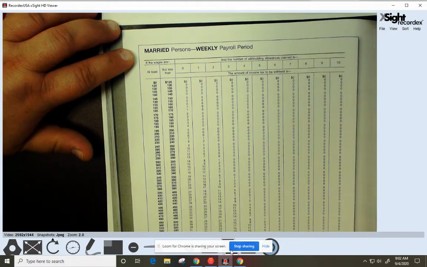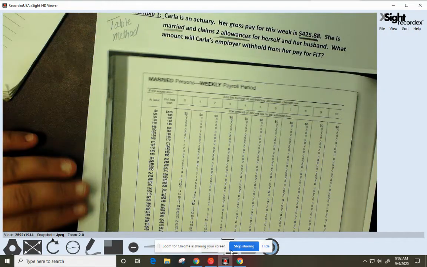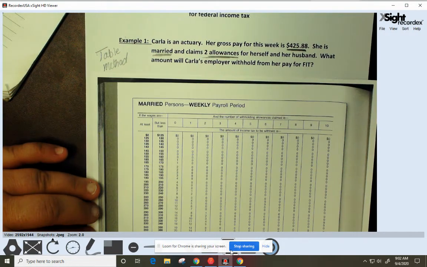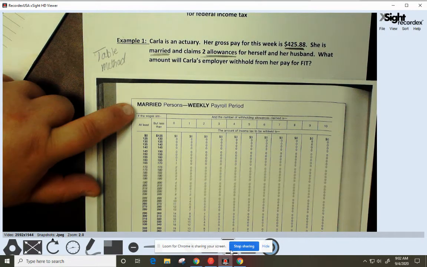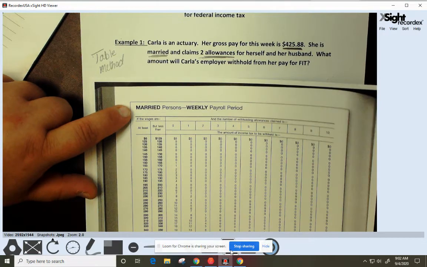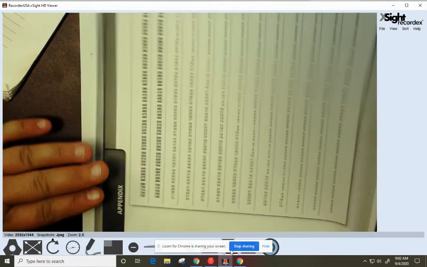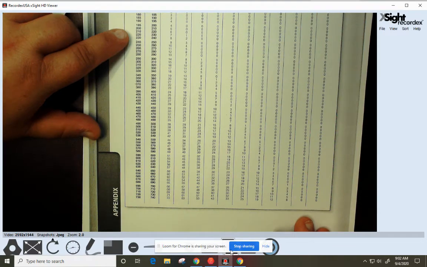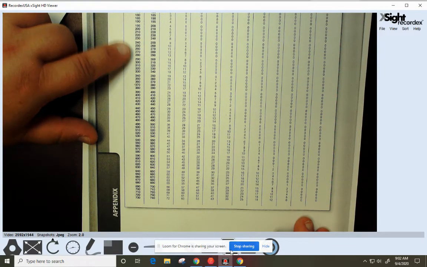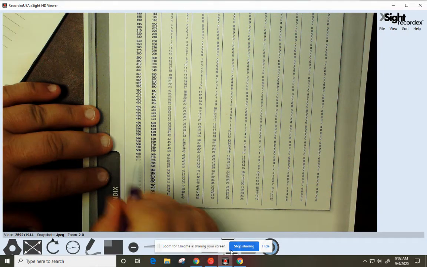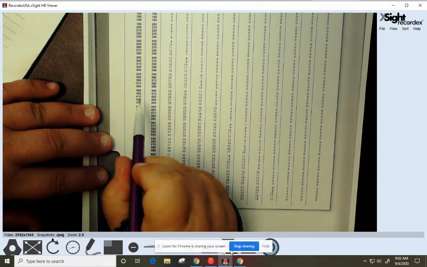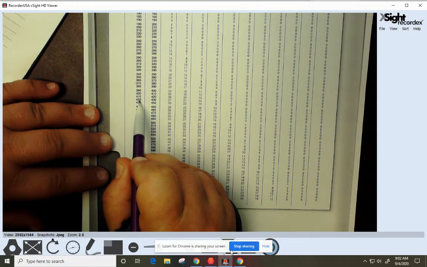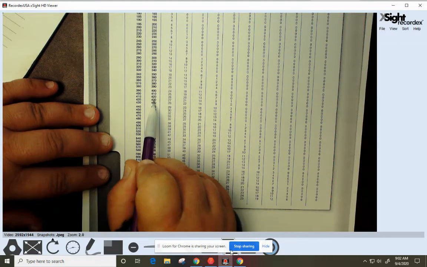All right, so here's what I need to know from this question. I need to know that she's going to make $425.88. I need to know she's married, so I'm on the married table, and she's going to have 2 allowances. What you're going to do is come down this column and find in between these 2 things where that $425.88 falls. $425.88 is between $420 and $430.